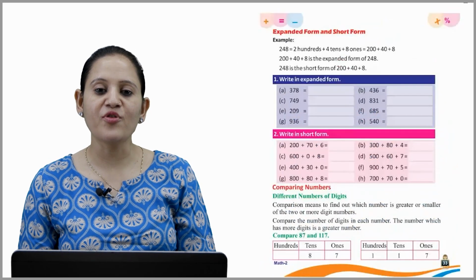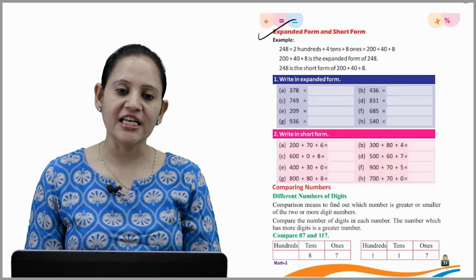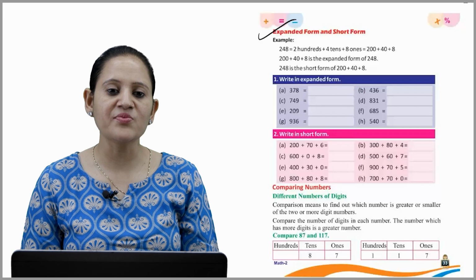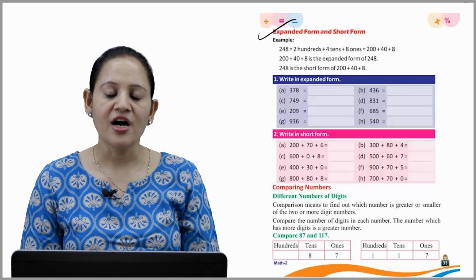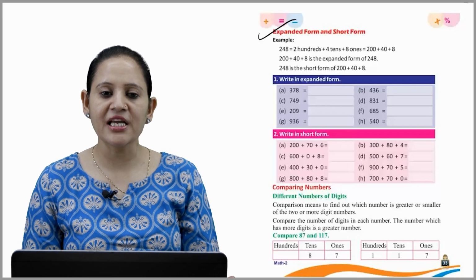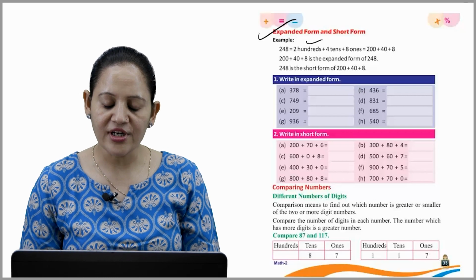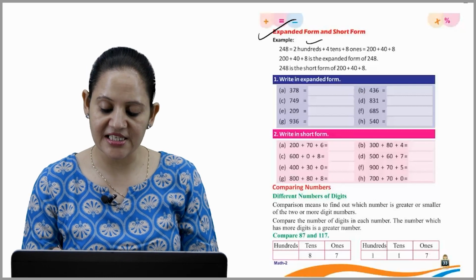Next is expanded form and short form. Let's take the example 248. In expanded form we write the number as the sum of its place values. So write 200, 4 is at the tens position so 4 tens, plus 8 ones.